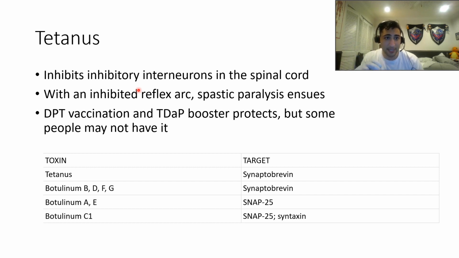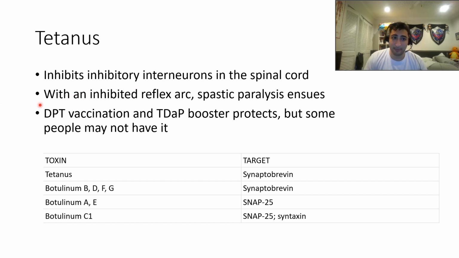So what's going to happen is that you inhibit glycine and GABA in the spinal cord through the tetanus toxin. It'll interfere with the snares of those neurotransmitters instead of acetylcholine. And that causes a spastic paralysis, because if those inhibitory vesicles are inhibited, inhibition of inhibition is a positive. And that causes a spastic paralysis.